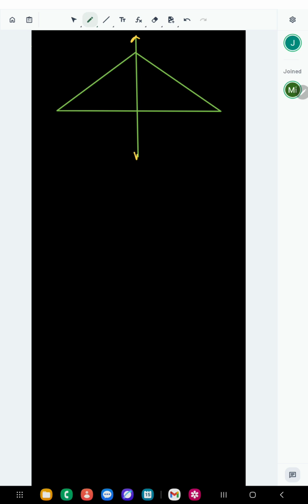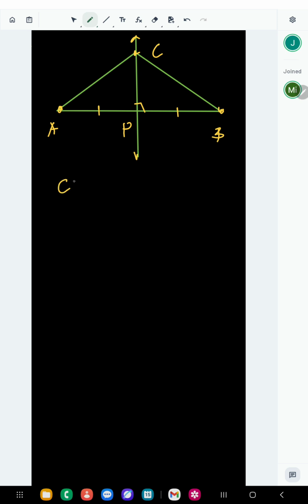Okay, for the perpendicular bisector theorem, let's say this is point A, B, C, and then you have B here. In a plane, if a point lies on the perpendicular bisector of a segment, then it is equidistant from the endpoints of the segment.